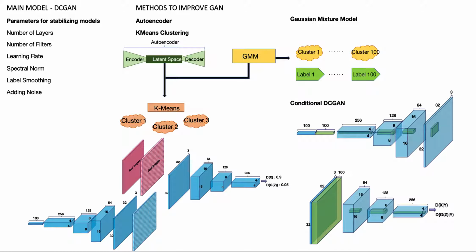Intuitively, we might think that in order to trick the discriminator, we should let the generator be smarter or learn faster than the discriminator. So for example, we can add more layers or increase the number of filters in the generator.